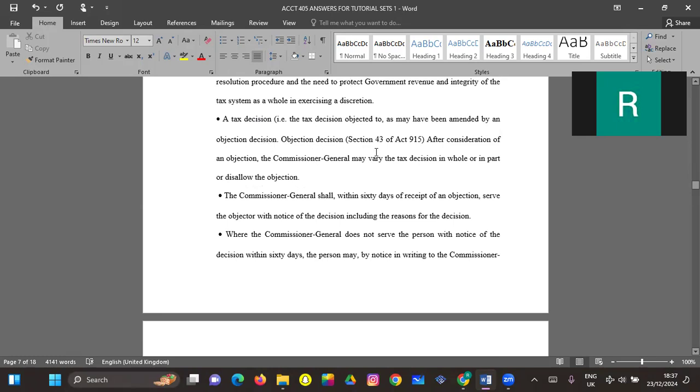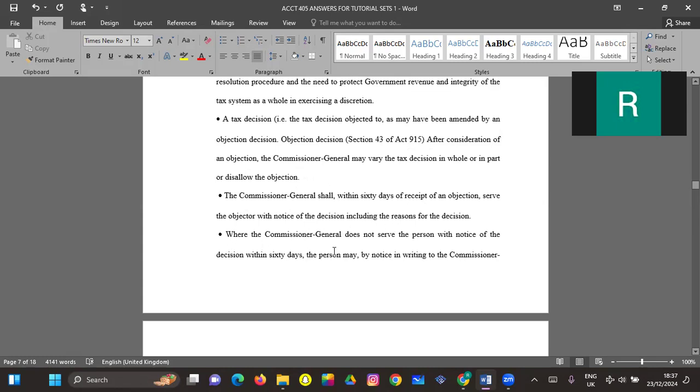The objection decision, section 443 of Act 915: after consideration of an objection, the Commissioner General may vary the tax decision in whole or in part or disallow the objection. The Commissioner General shall, within 60 days of receipt of an objection, serve the objector with notice of the decision, including the reason for the decision.